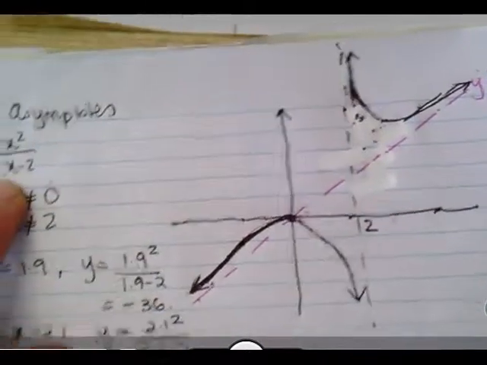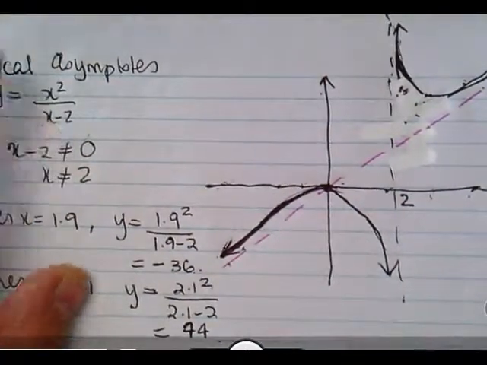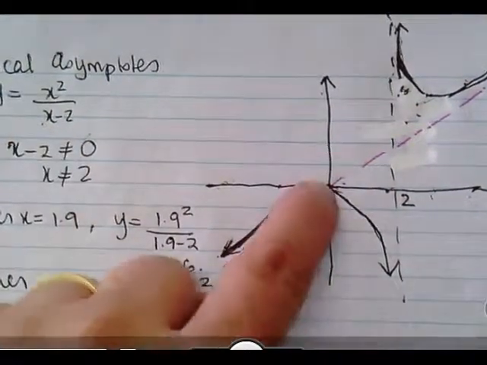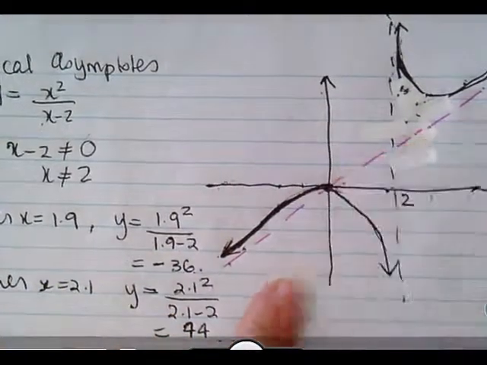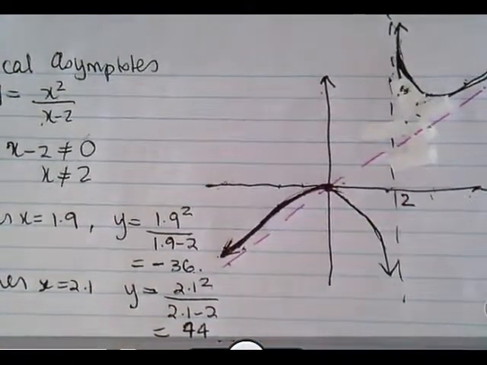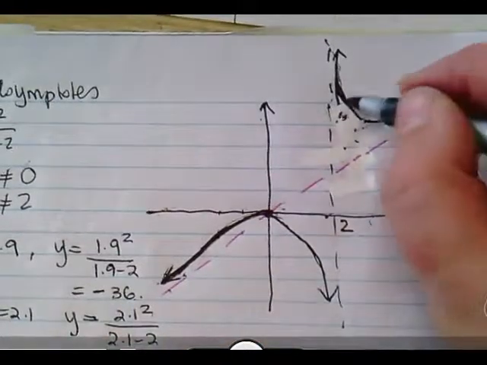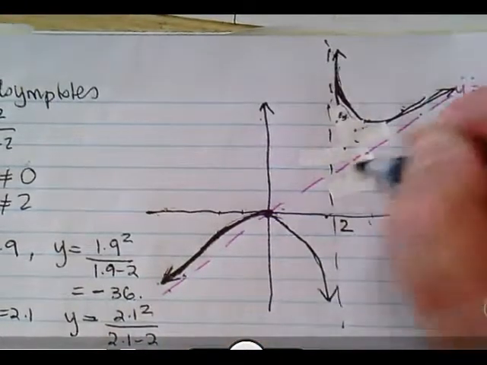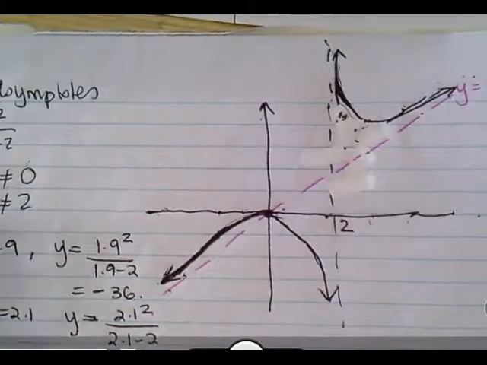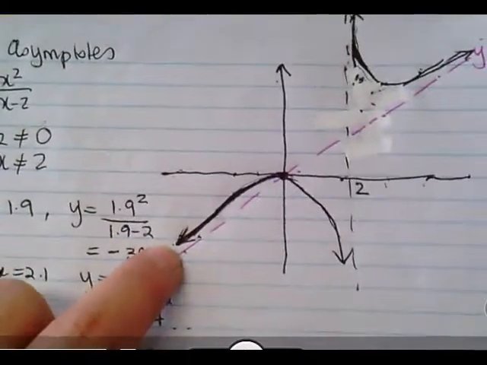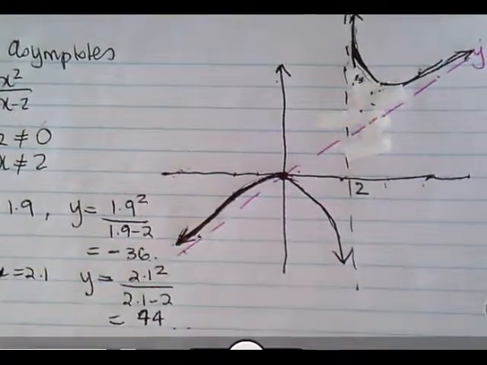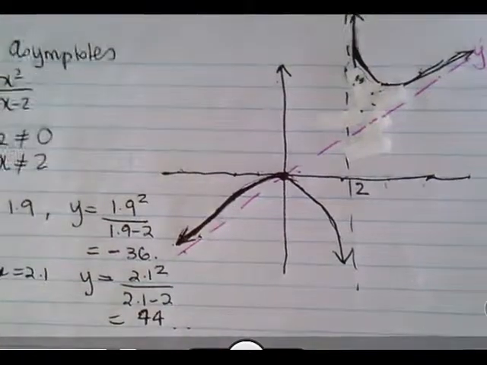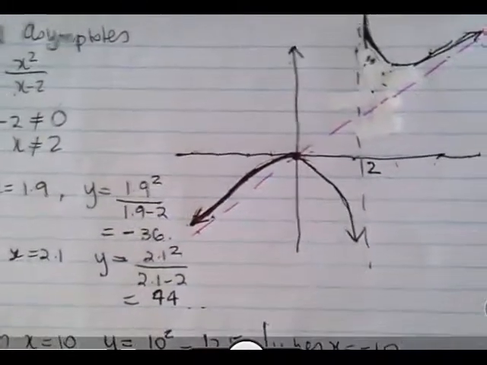Is x allowed to be 0? Yes. 0 over negative 2 is 0. I am allowed to have this point. So an asymptote is an asymptote. The curve approaches that pink line for large values of x and for small values of x. Do you see? But that is extension 2. Should not be in your paper.